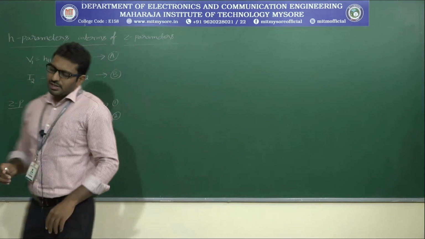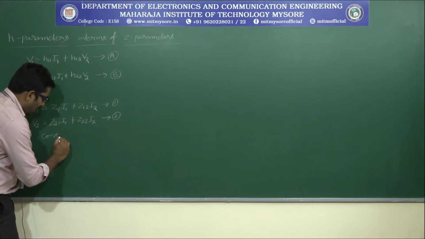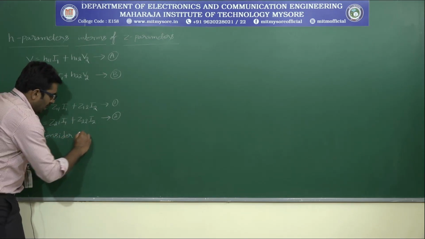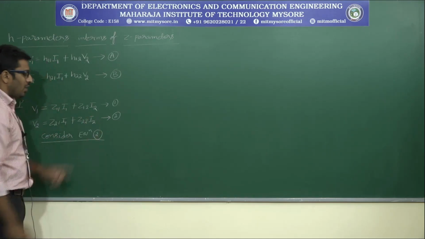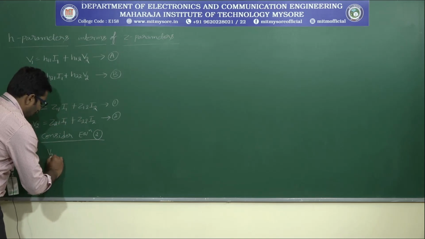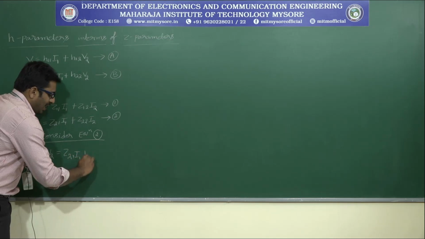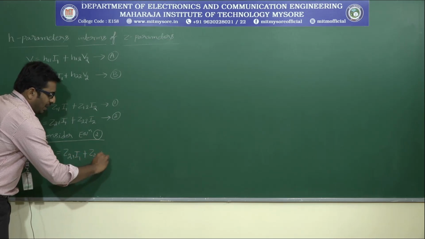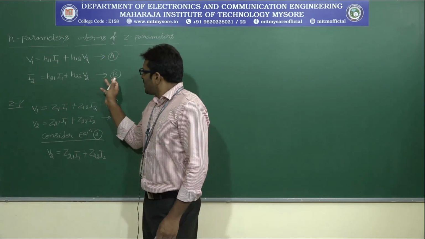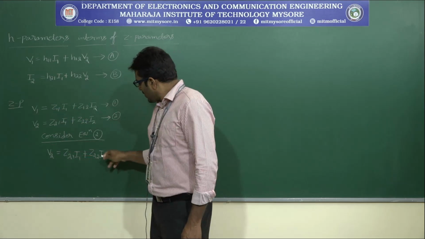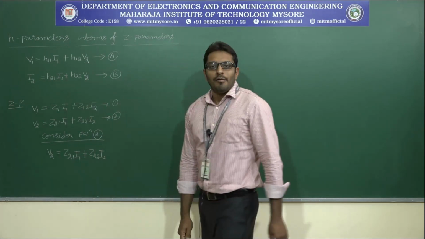Okay. So, first consider equation 2. What is equation 2? V2 is equal to Z21 I1 plus Z22 I2. Is that clear? Now, what is equation B? We need to get the expression for I2, because I2 is equal to H21 I1 plus H22 V2, right?